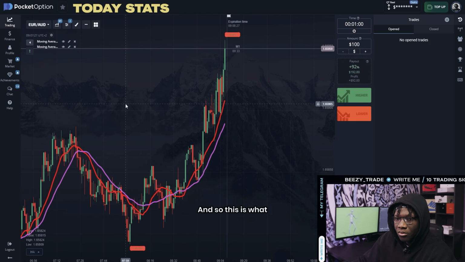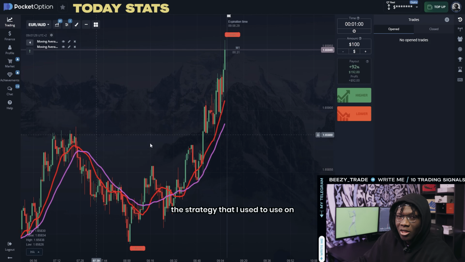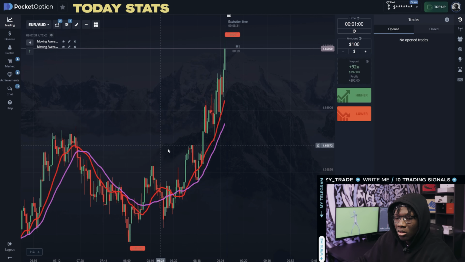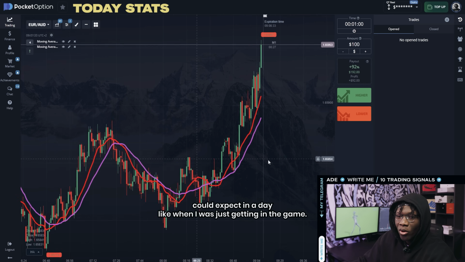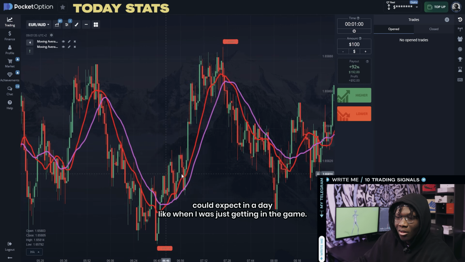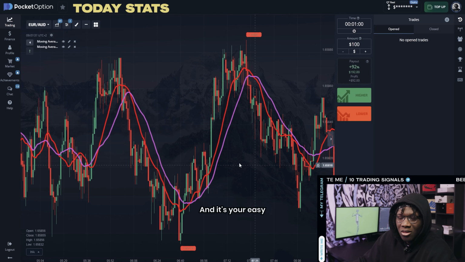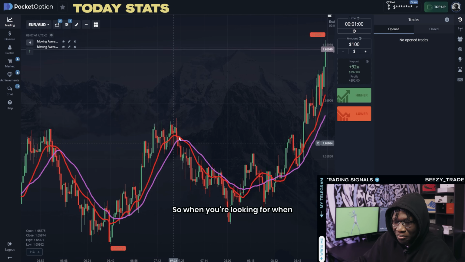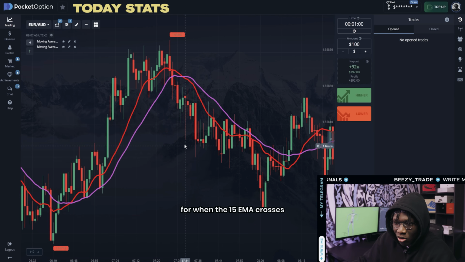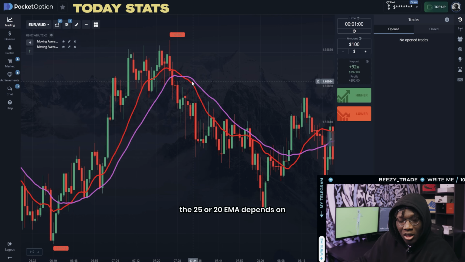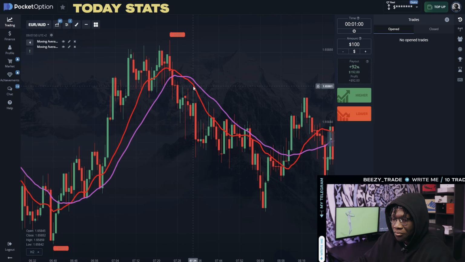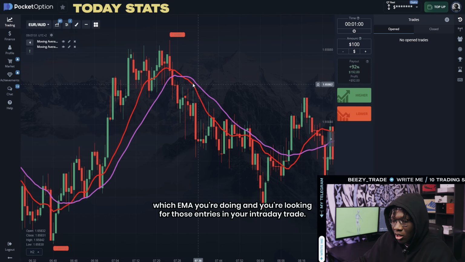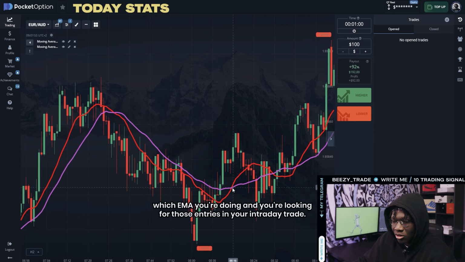This is the strategy I used to use on Forex back in the day, when I was just getting in the game. This is your easy moving average crossover. You're looking for when the 15 EMA crosses the 25 or 20 EMA, depending on which one you're using, and those are your entries, and you enter the trade.